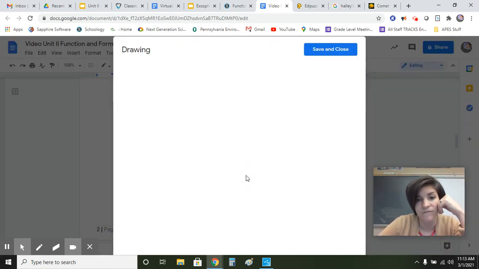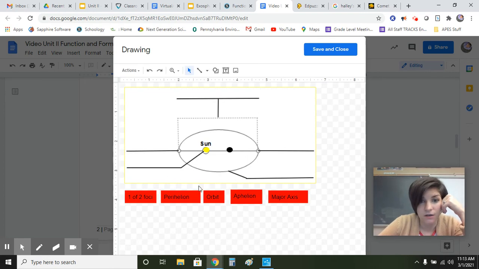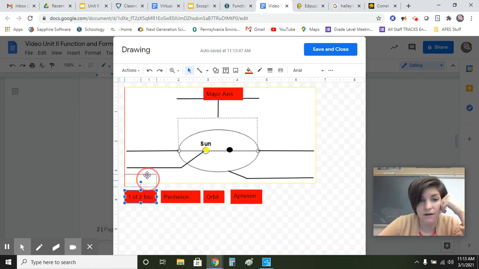Okay. On here, let's put these on here. This little dotted line is showing us our major axis. So we'll go ahead and pop that up there. The sun is one of the 2 foci, so we'll put that guy right on there. Bam. This is pointing to our orbit.